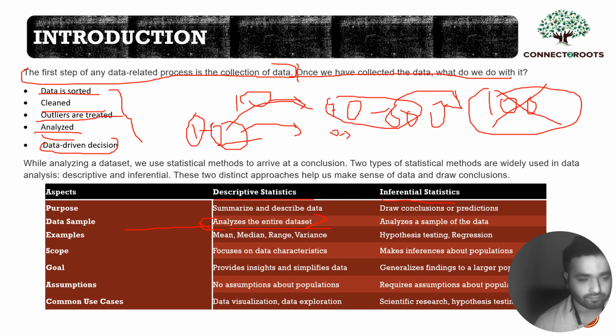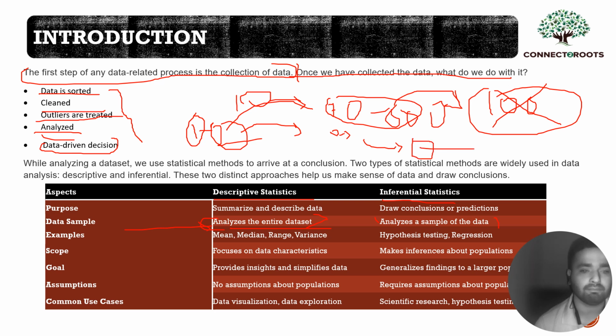In inferential statistics, we use it when there is a large amount of data. For example, if you want to know how many healthy children there are in your society, it's impossible to collect each and every data point, because there will be lakhs and lakhs of people in your society. So in that case, we take samples.